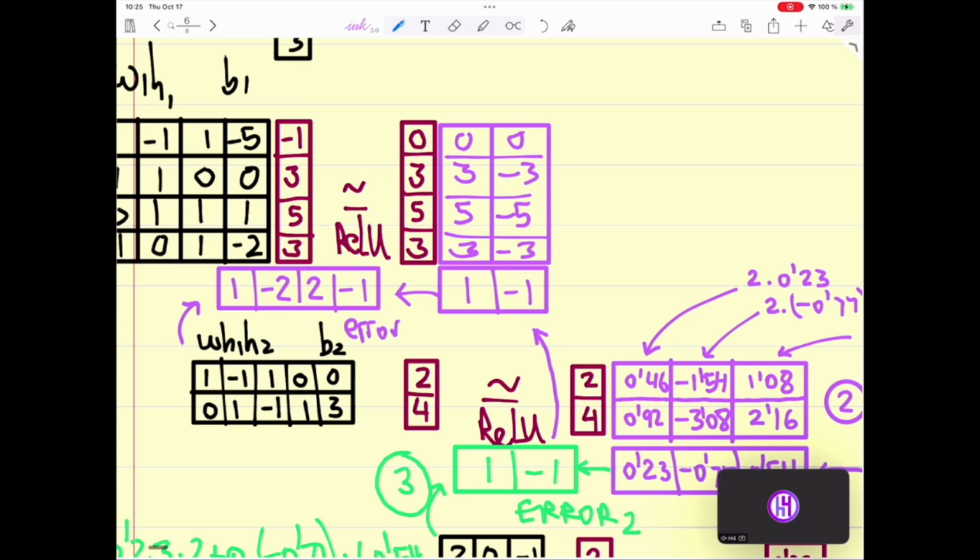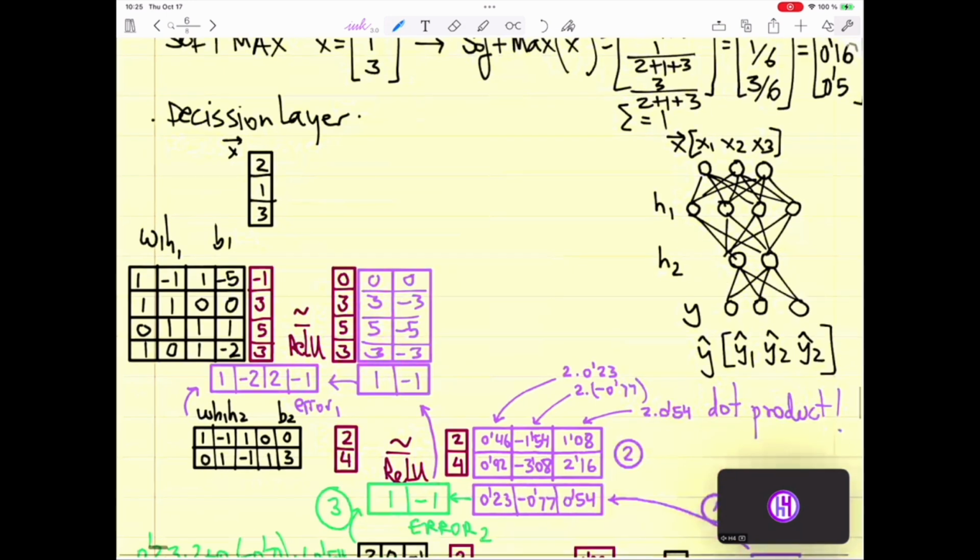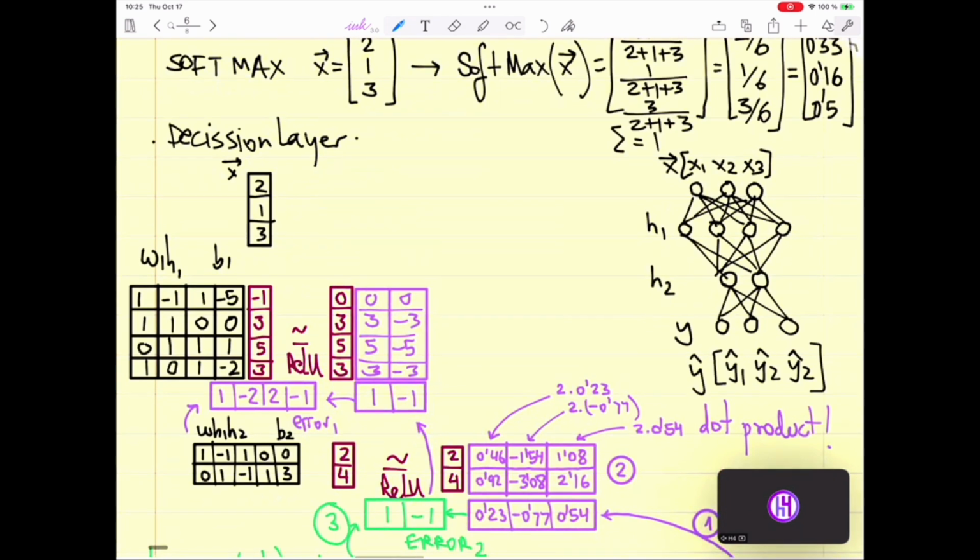This is error 1. We put that up here. That's why we needed the space before.